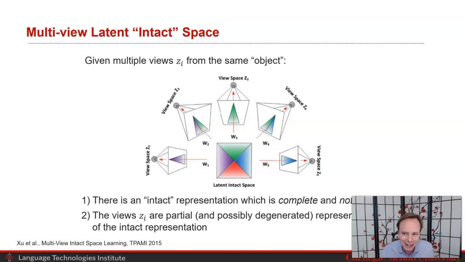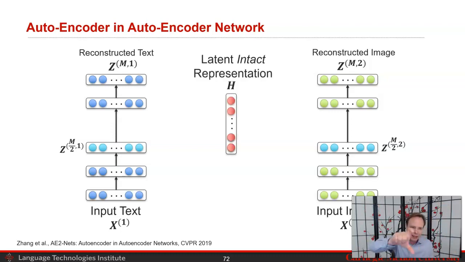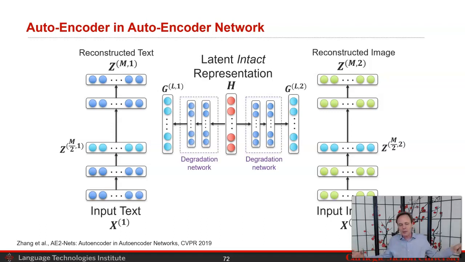If you look at this, there's this nice work on what's called autoencoder of autoencoders. Each modality has again an autoencoder. It's a coordinated representation, but you will suppose that for each sample there is an intact representation that is not explicitly viewed, but each modality is a degradation from it.